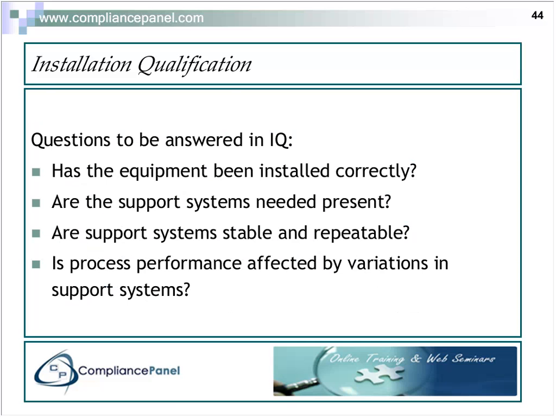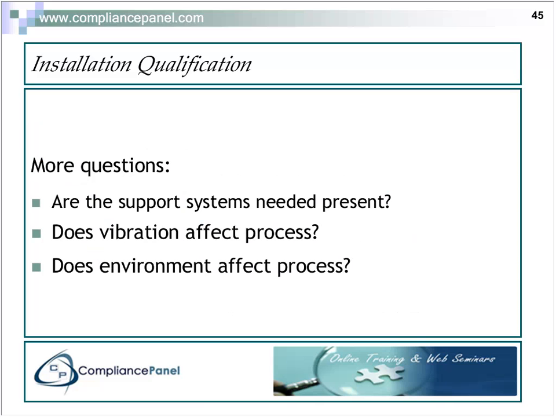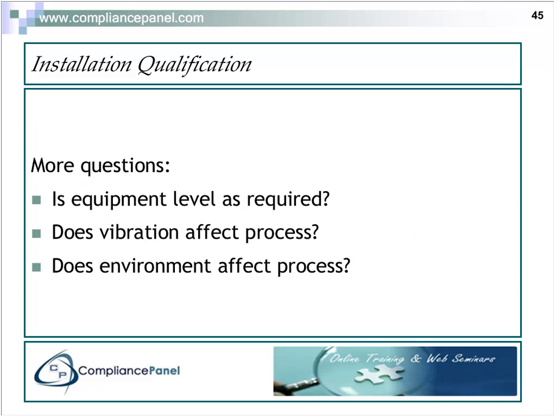And here are the questions at the end of IQ. Here's what we should be satisfied of. First of all, the equipment was installed correctly. Are the support systems provided and correct, stable and repeatable? Is the process performance affected by variations in the support system? So when the electricity varies, what's our result going to be? Is the equipment level as required?